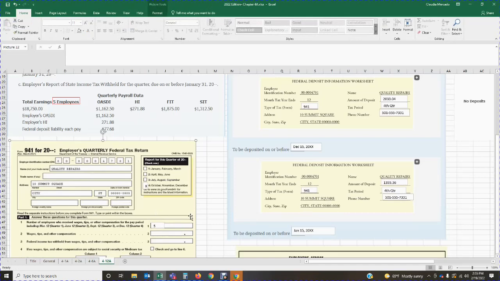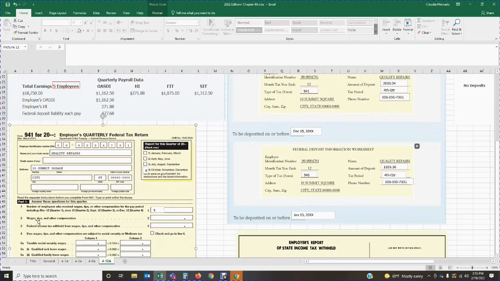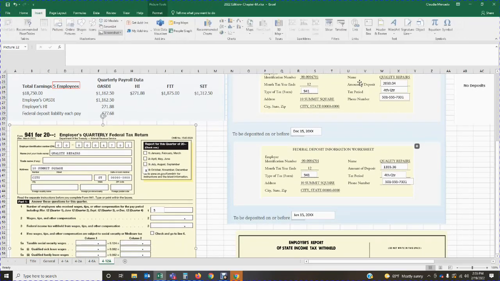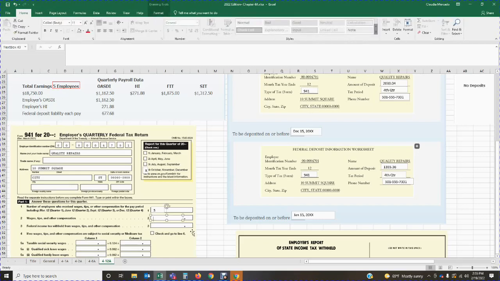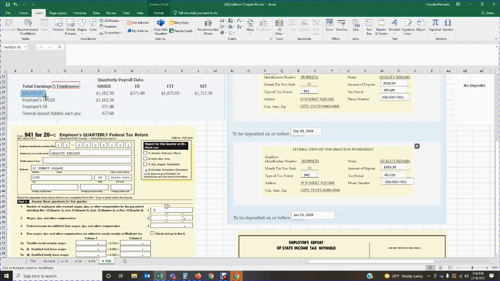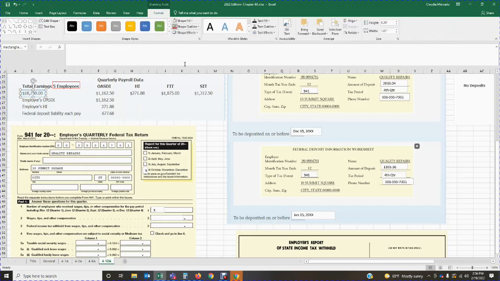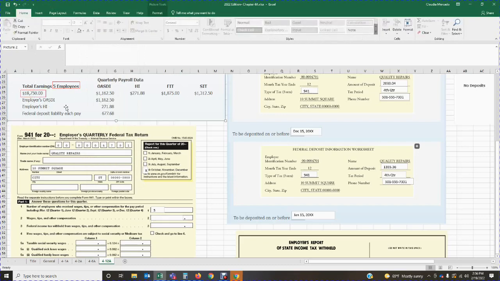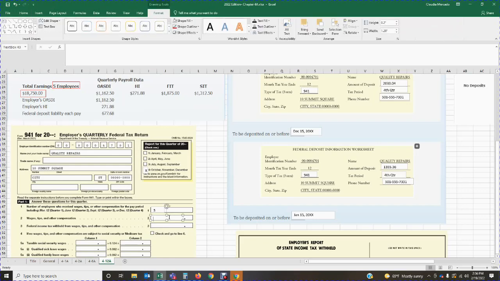Line number 2, wages, tips, and other compensation. How much do we have in wages for this particular quarter? According to the problem, we had wages of $18,750. That is also provided in the problem. That is going to go in box number 2.